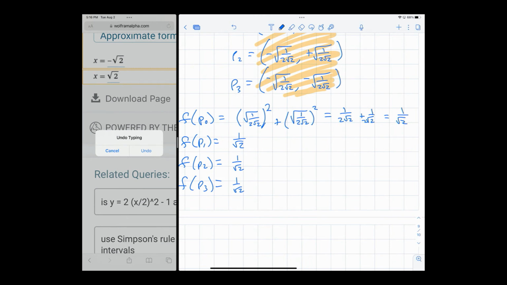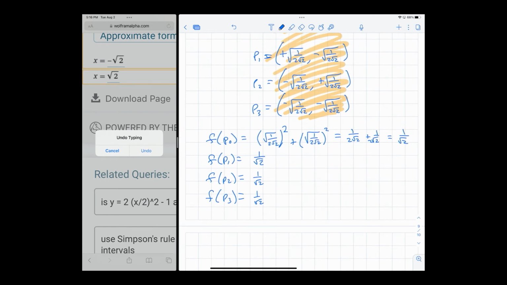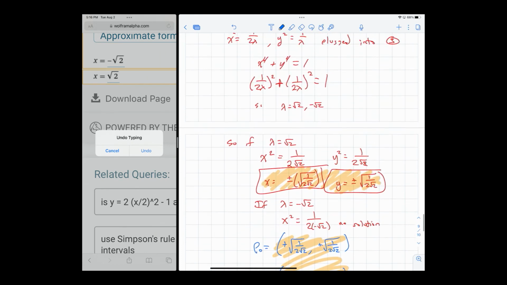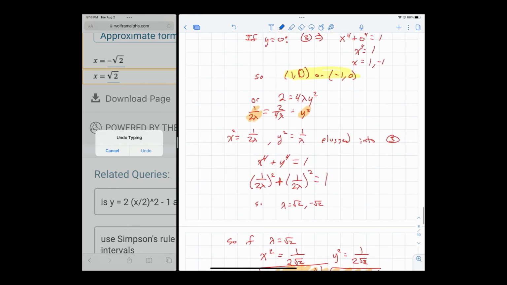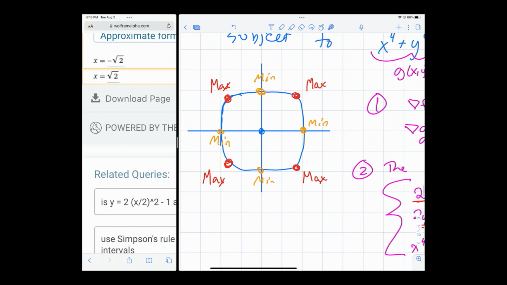Wait a second here. Hold on a second here. What is going on? This can't be right. Because I said these were going to be maximums, and I think that's clear that they are maximums because they're further away from the origin.